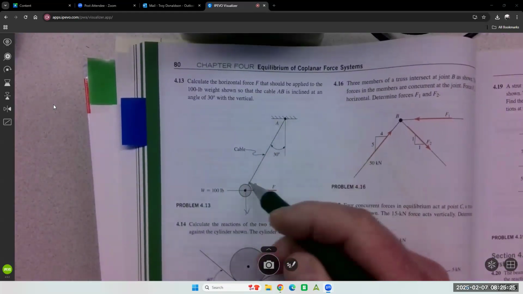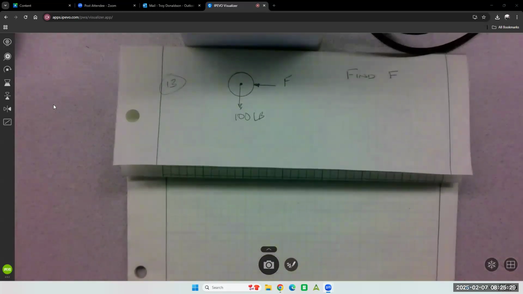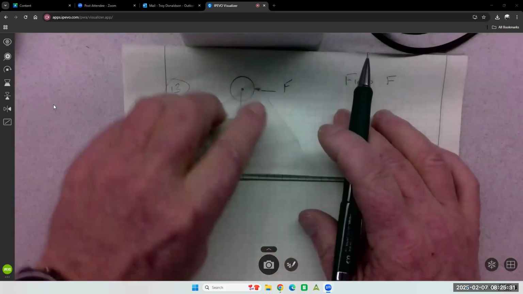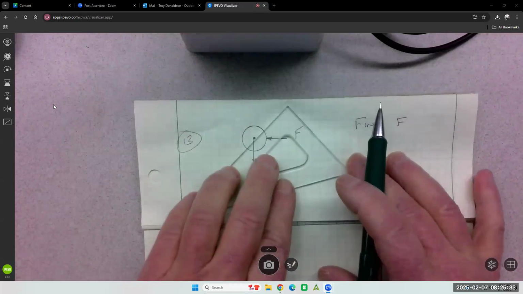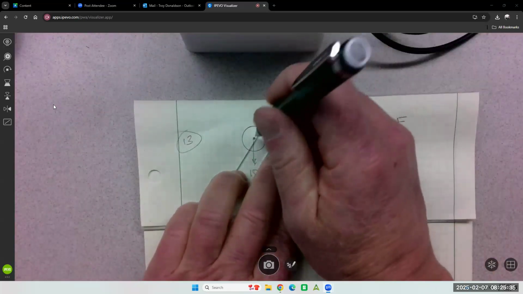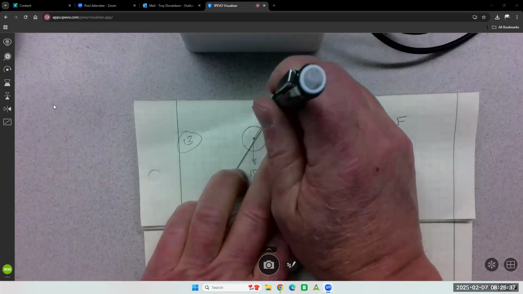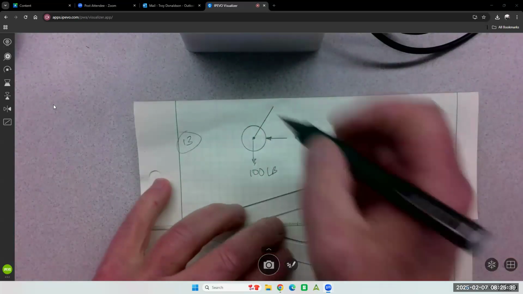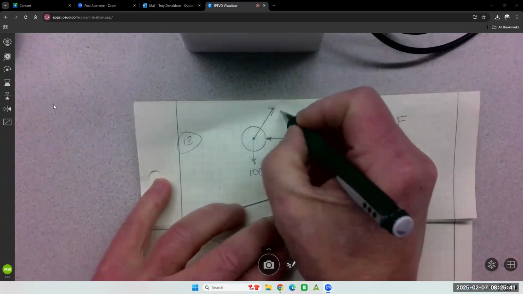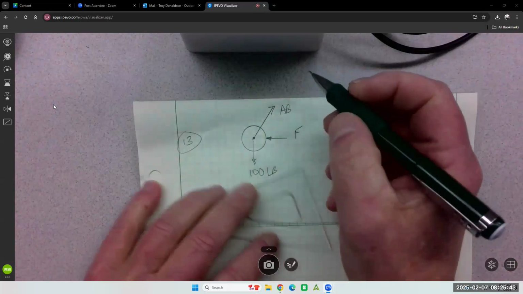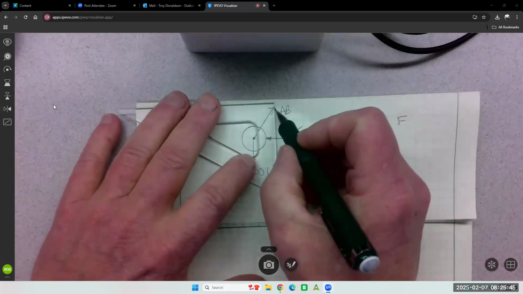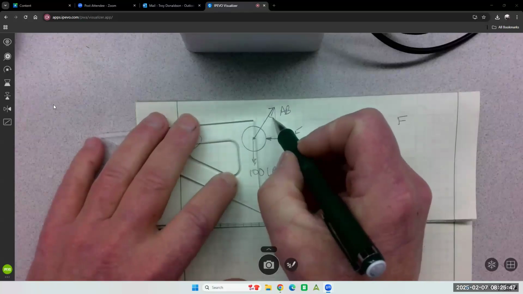Missing the cable, AB, at 30 degrees from vertical. So let me get the cable in. I'm drawing it right through the center point. AB, and it is 30 degrees from vertical. So 30 degrees there.